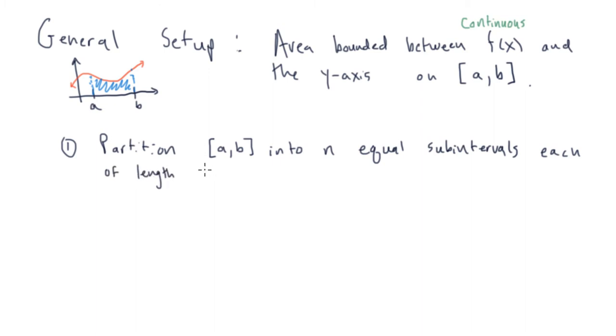and here I'll just use some notation. I'll say delta x is the width of each of those small subintervals, which will be the width of each rectangle. It should be the length of the interval, so b minus a over n.